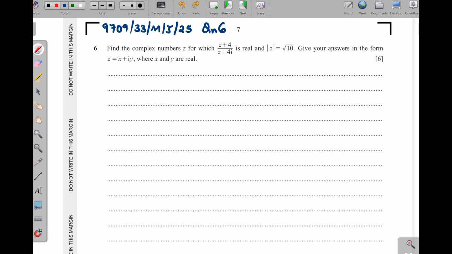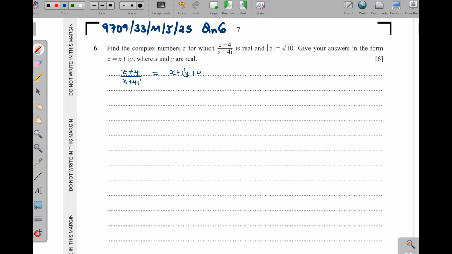So if they have said that this one is real, that means its imaginary part is 0. Okay, so z plus 4 out of z plus 4i, this one is going to be equal to, and this is x plus iy, not so?